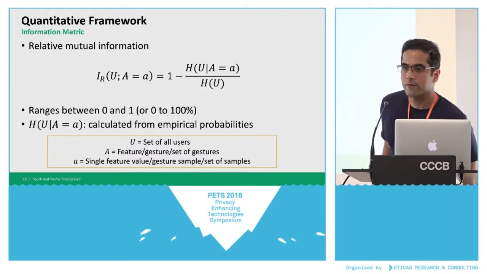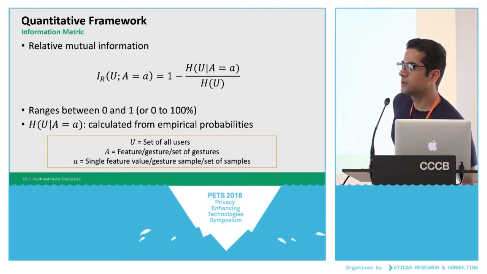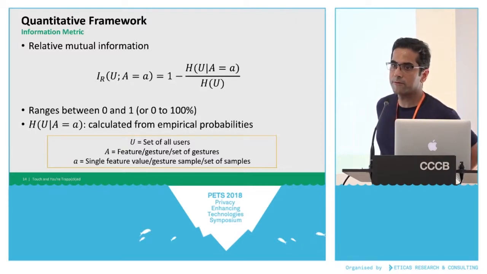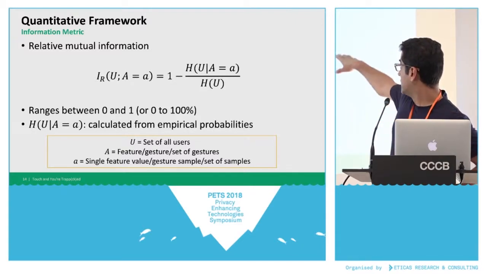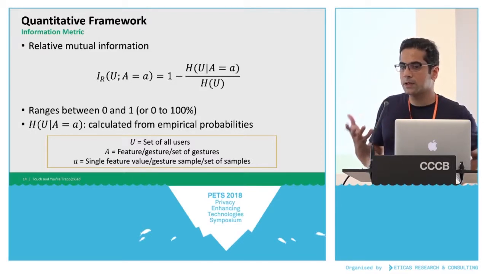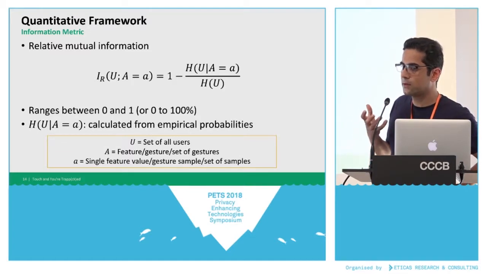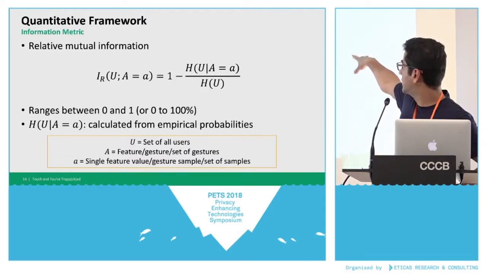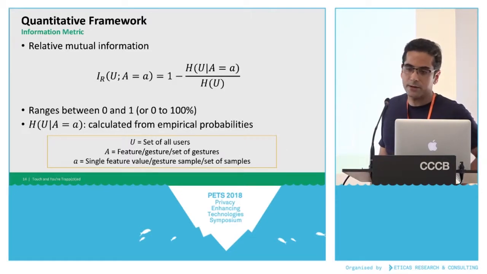So for quantification, we use this information theoretic measure called relative mutual information. So in the denominator, we have the entropy of the whole user set, and every single gesture that we obtain would reduce the amount of information required to pinpoint the actual user, which is denoted by the conditional entropy.